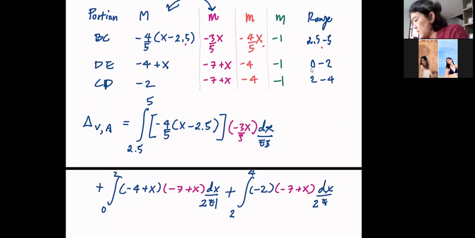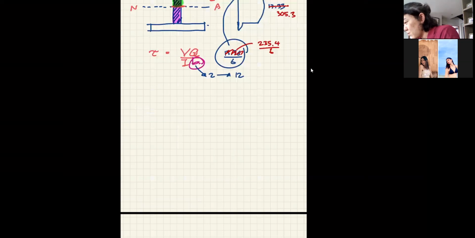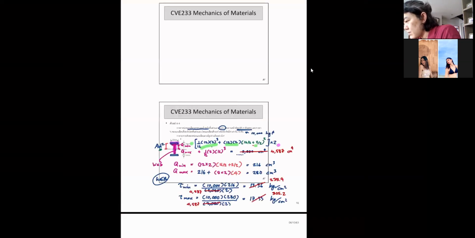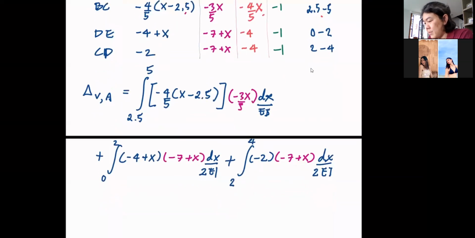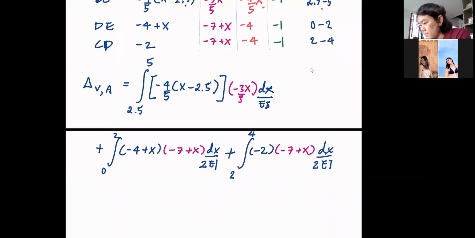Okay, that's the first one. And this gives us the number equal to 32.58 over EI.